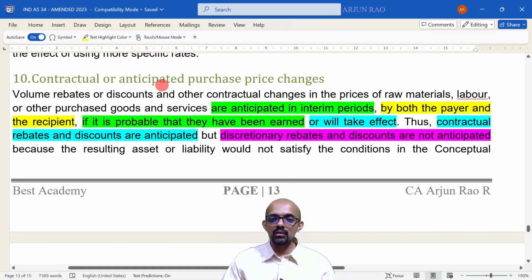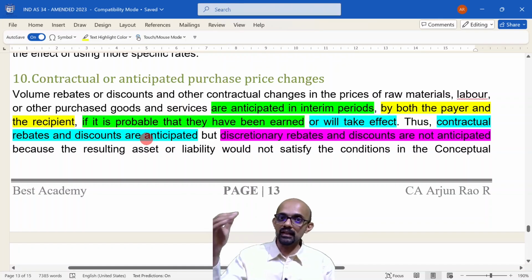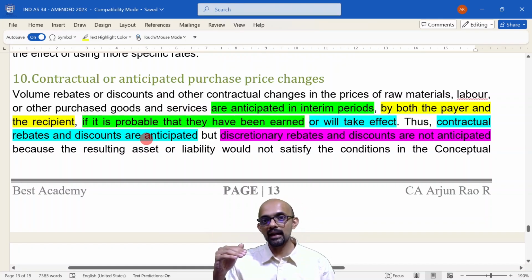Then, if you are anticipating a contractual purchase price change, that has to be given effect to, and it can be given effect in the interim statement. It has to be contractual, that is, on reaching a certain level of annual transactions, the rate may reduce.